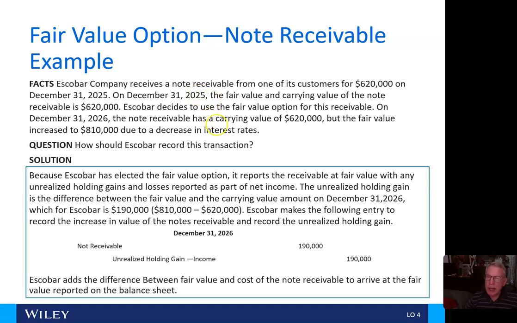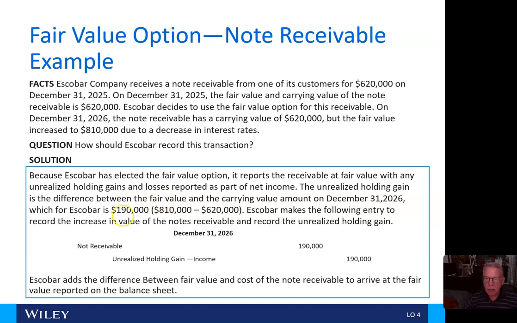So how should Escobar record this transaction? Because Escobar elected the fair value option, it reports the receivable at fair value with any unrealized holding gains or losses reported as part of net income. The unrealized holding gain is the difference between the fair value and the carrying value.